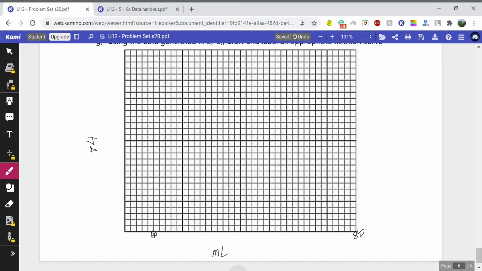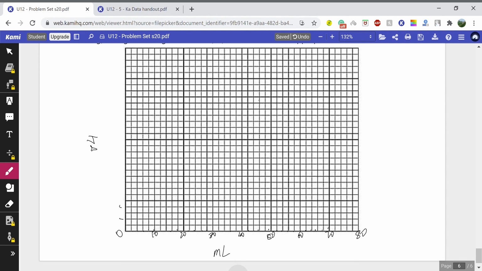It's going to be 20, 30, 40, 50, 60, 70, 80. pH is going to be 0, 1, 2, 3, 4, 5, 6, 7, 8, 9, 10, 11, 12, 13, 14.